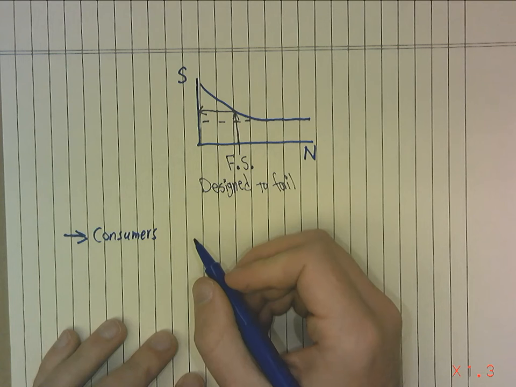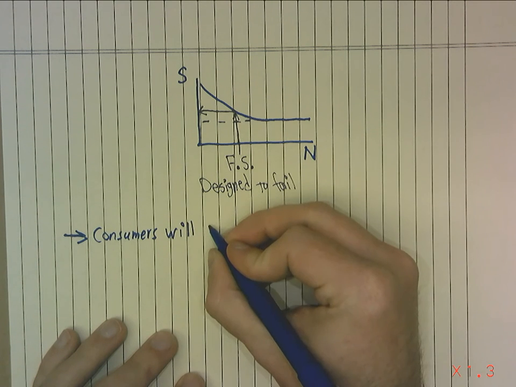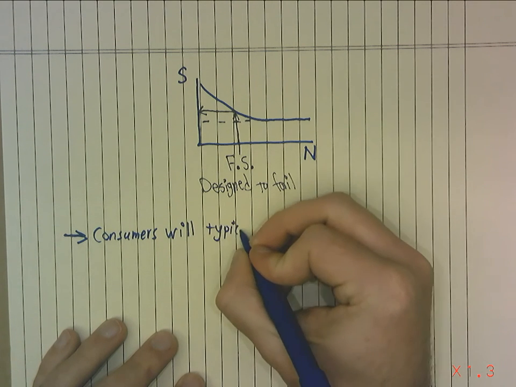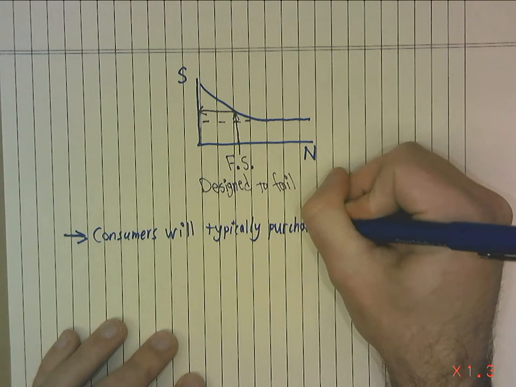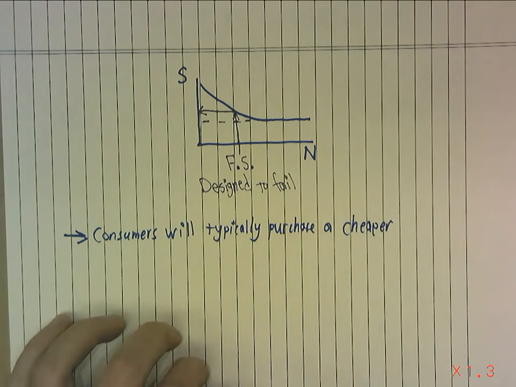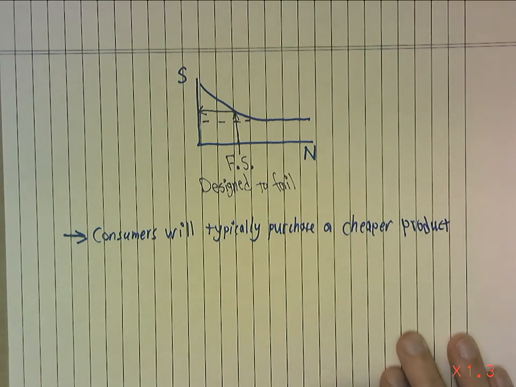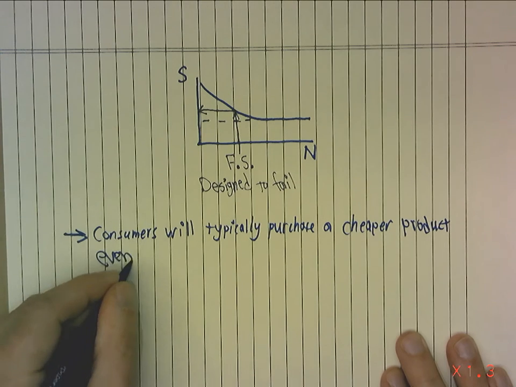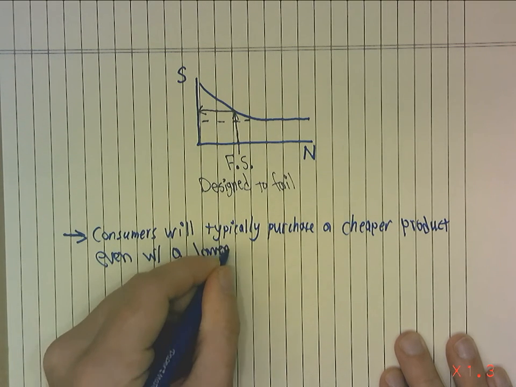Consumers, that's us, will typically purchase a cheaper product even with a lower warranty.